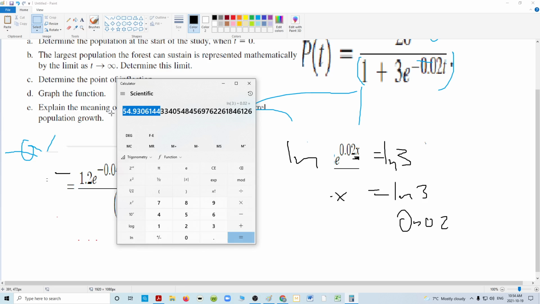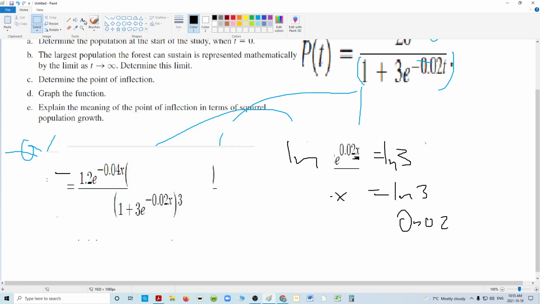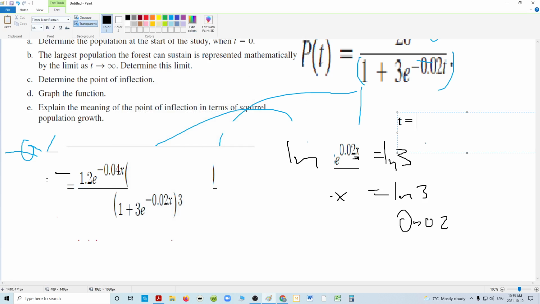So you get this value, which means when x is this, or when time is that, you'll see an inflection point. Now I might have done a calculation error because that seems quite big. Rounding up, it's just that. But that should be the inflection point.